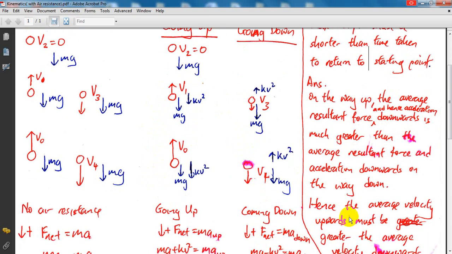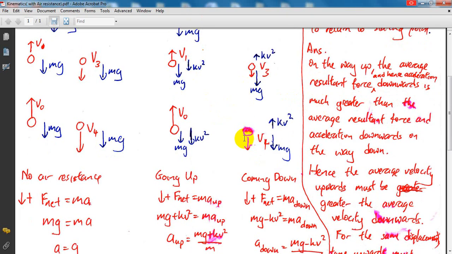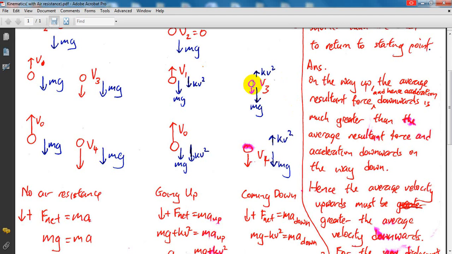And because of this, the average velocity upwards must be greater than the average velocity downwards. Okay, since they cover the same displacement, for the same displacement, the time taken upwards must be shorter than the time taken to travel downwards, because the average velocity when I'm moving up is greater than the average velocity on the way down.